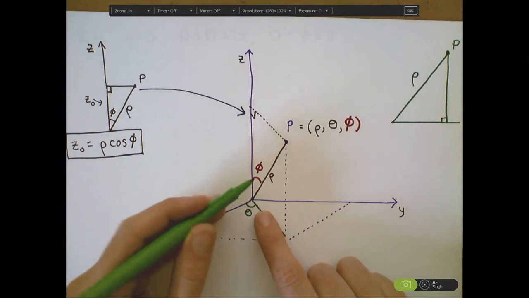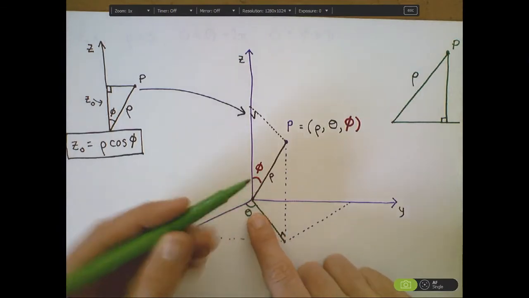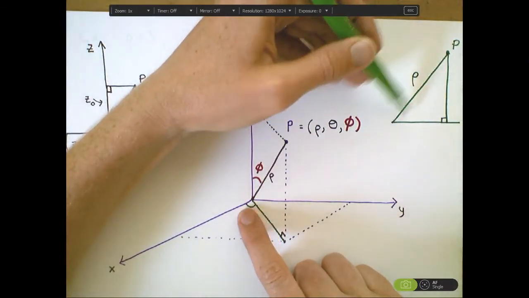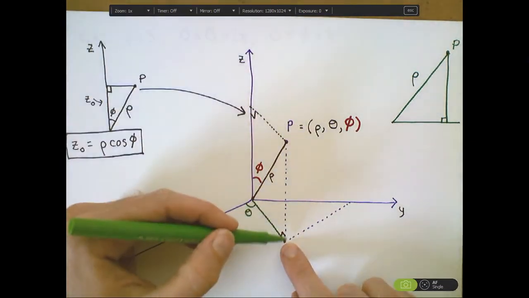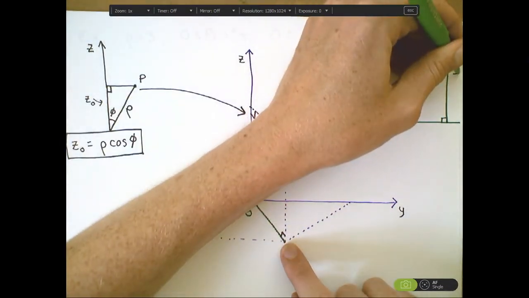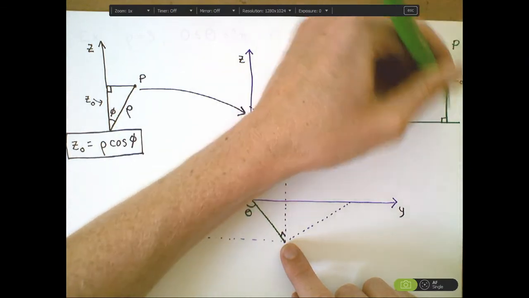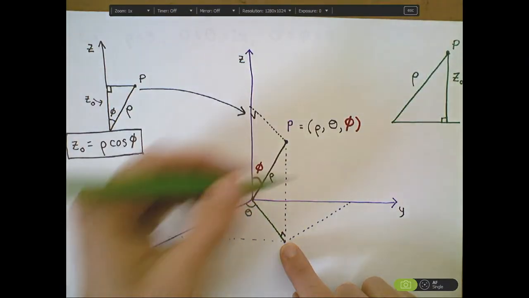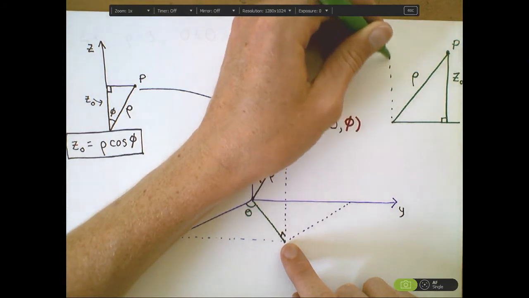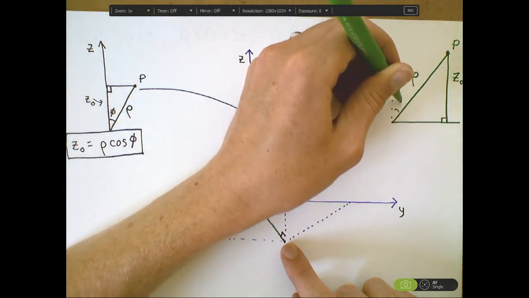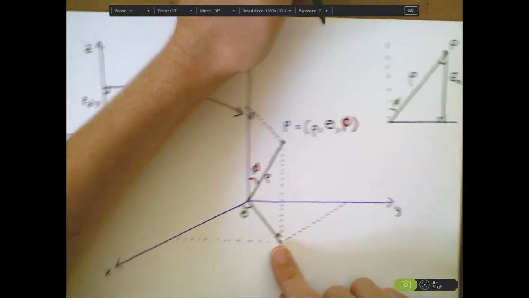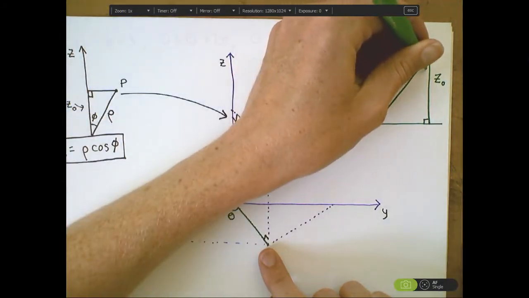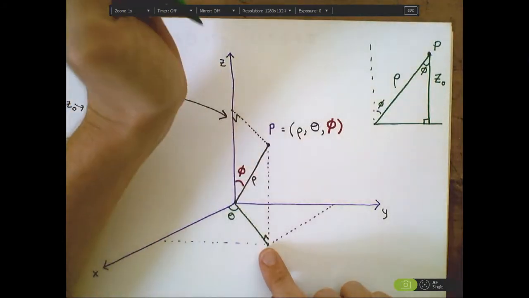So again, we're thinking of rho as this side length. We're thinking of this height here as our z height that we just found, z naught. And we know that this angle right here is phi, which means that by alternate interior angles being equal, this is also phi.